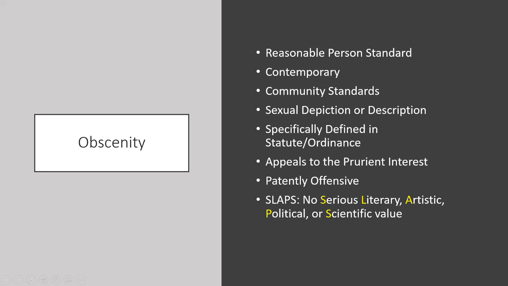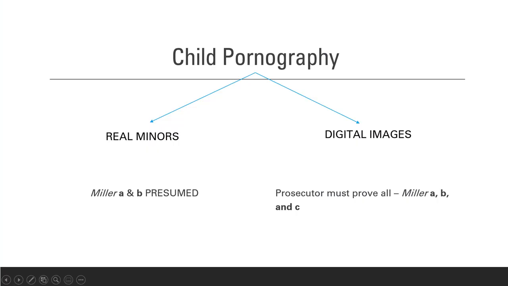So that is obscenity. You have to know those elements. You have to apply all of them, look for facts about each one, and be aware of the child pornography nuance that kind of tags on to the end of your obscenity analysis. If you see anything there about child pornography, is it real kids or is it not, that determines what the right answer is.